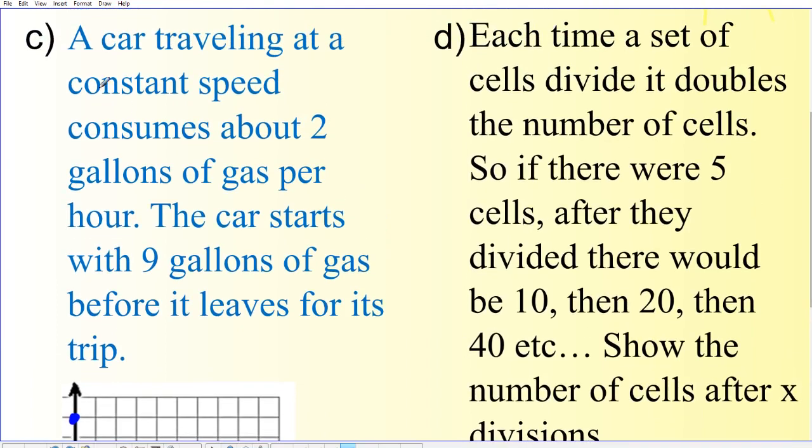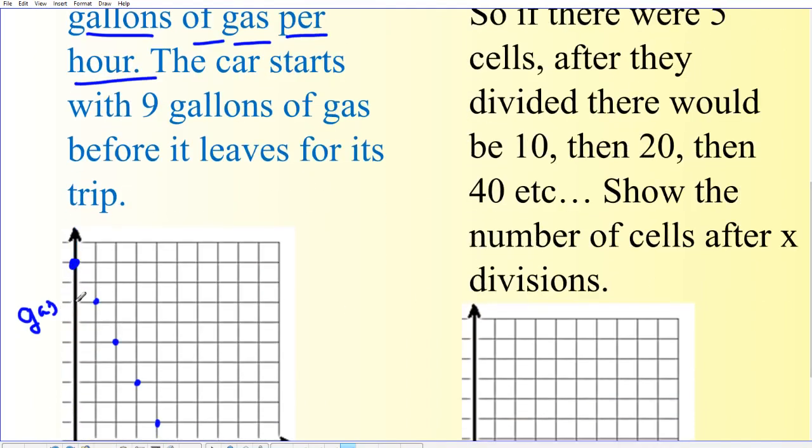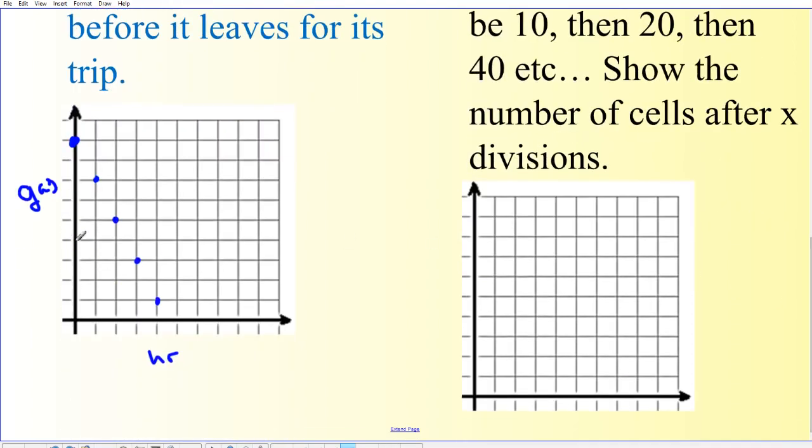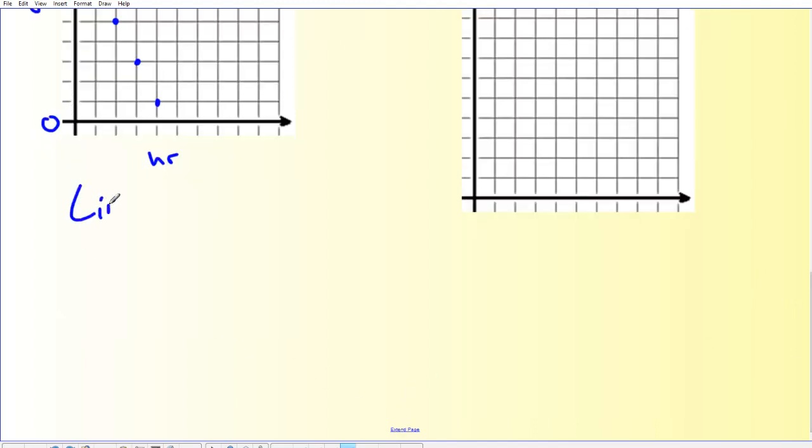A car traveling at a constant speed consumes about 2 gallons of gas per hour. 2 gallons, 1 hour. 2 gallons, 1 hour. The car starts with 9 gallons of gas before it leaves for its trip. And here, 0, 1, 2, 3, 4, 5, 6, 7, 8. Yeah, that's 9 gallons of gas. So this is very clearly linear.